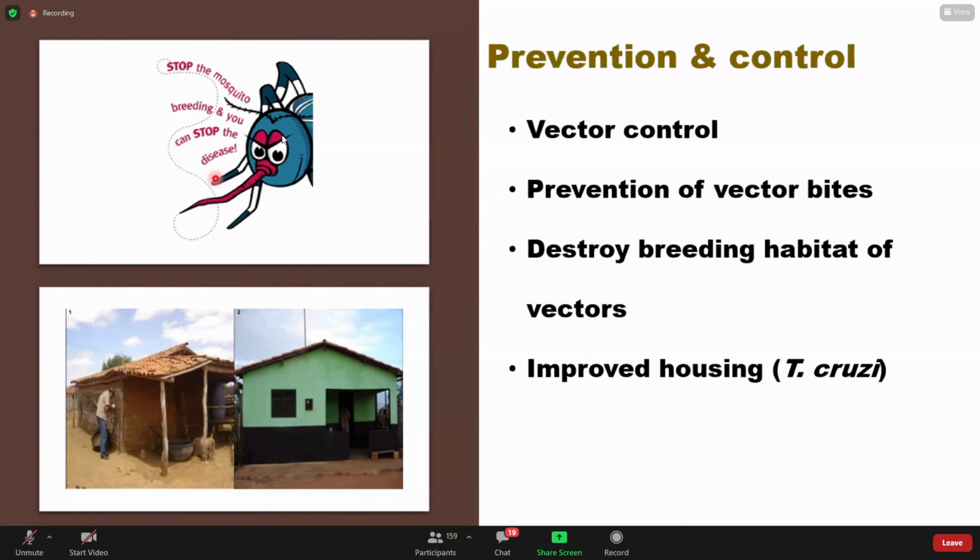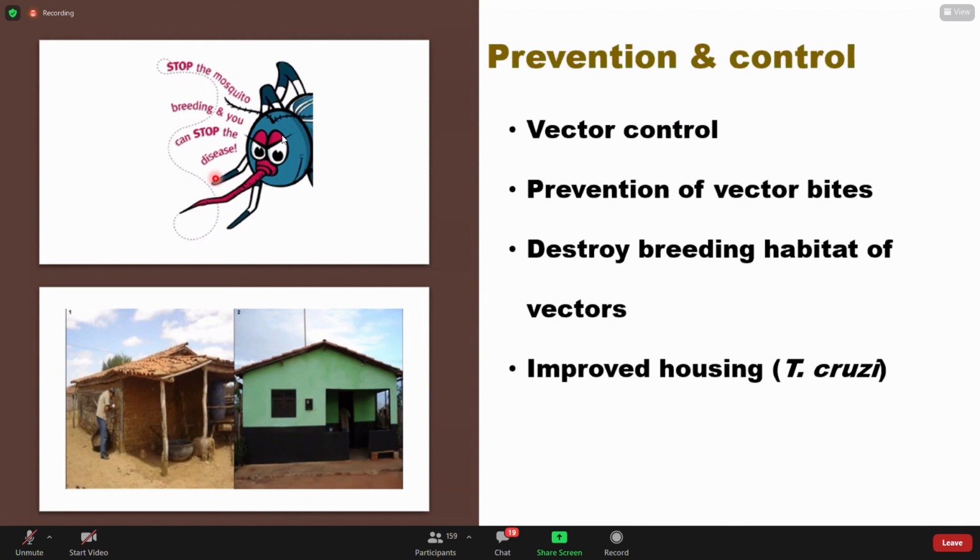Another thing that you can do is to destroy the breeding sites of the vectors. There are some species of fish that can feed on the larval form of the mosquito vector. You can also clear vegetation that surrounds the house. If you have open cans that collect water, make sure that you empty the cans and destroy anything that can hold on to water and encourage breeding.